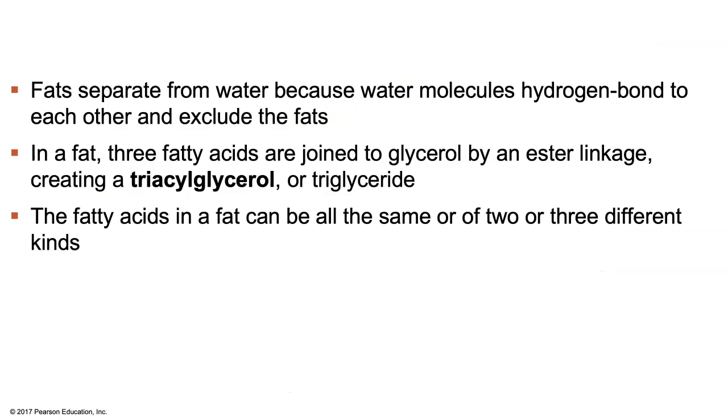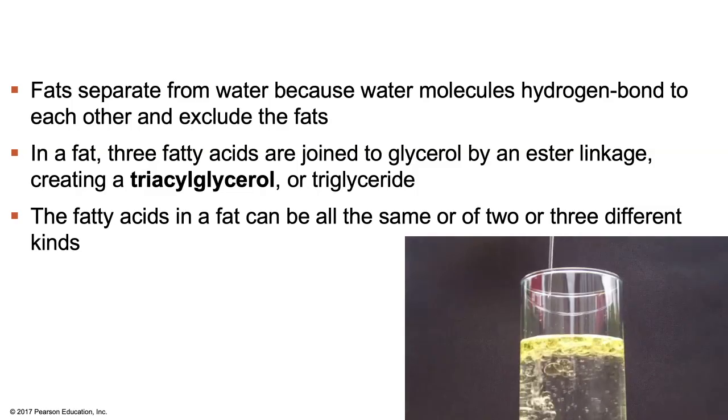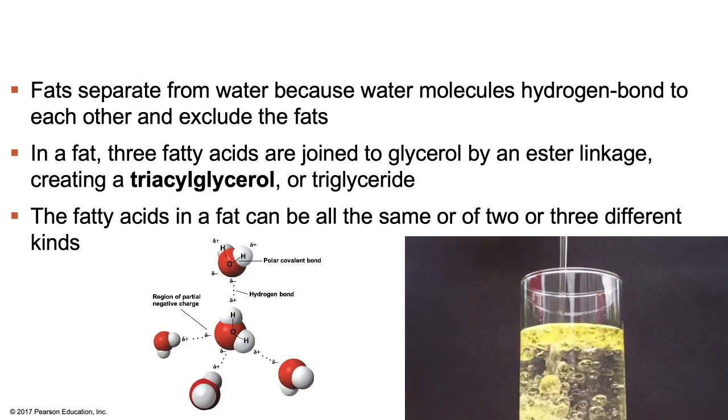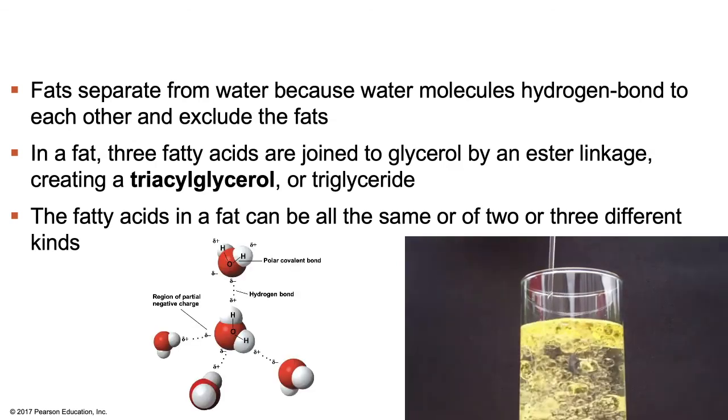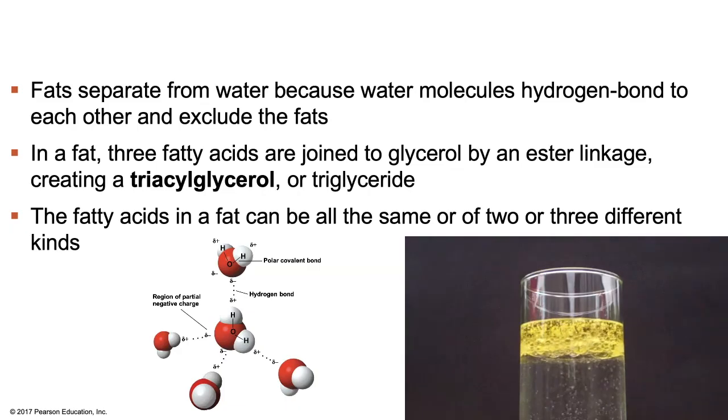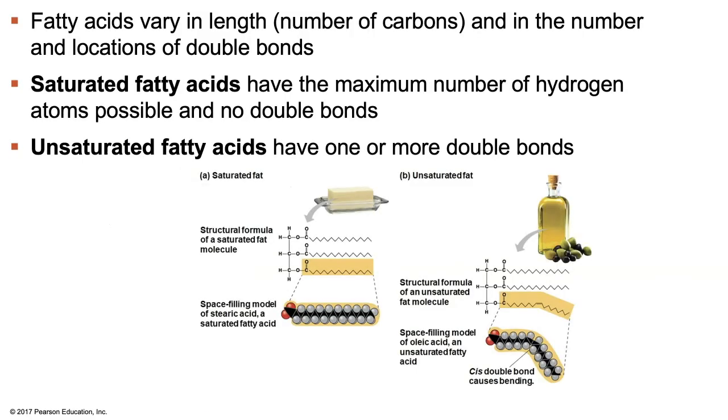As I mentioned, the one thing that all lipids have in common is that they do not mix well with water. Fats separate from water because water molecules hydrogen bond with each other, and in doing so, they simply exclude the fat molecules. So let's look into those fatty acids a little bit more. The fatty acid chains can vary in length and in the number of double bonds.